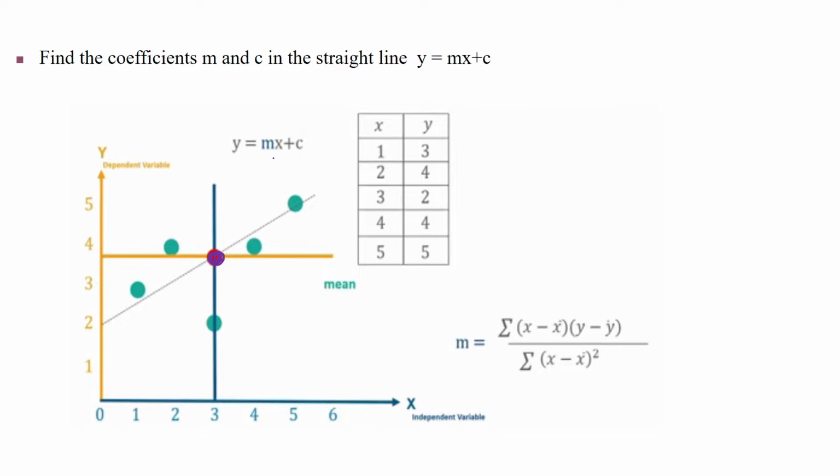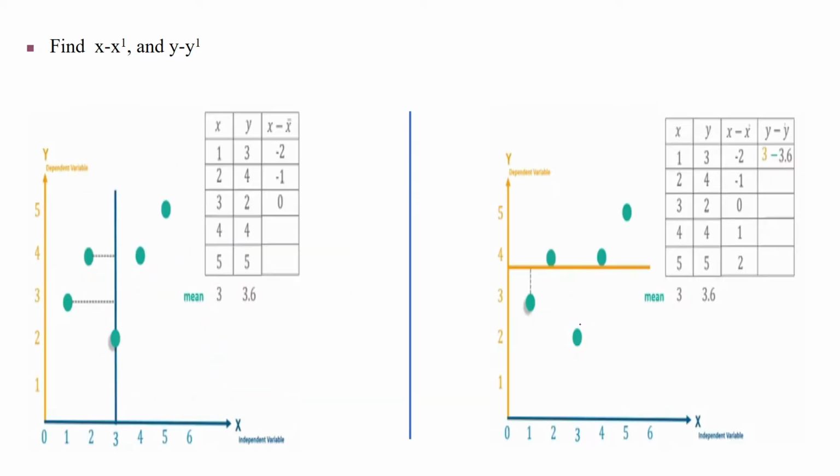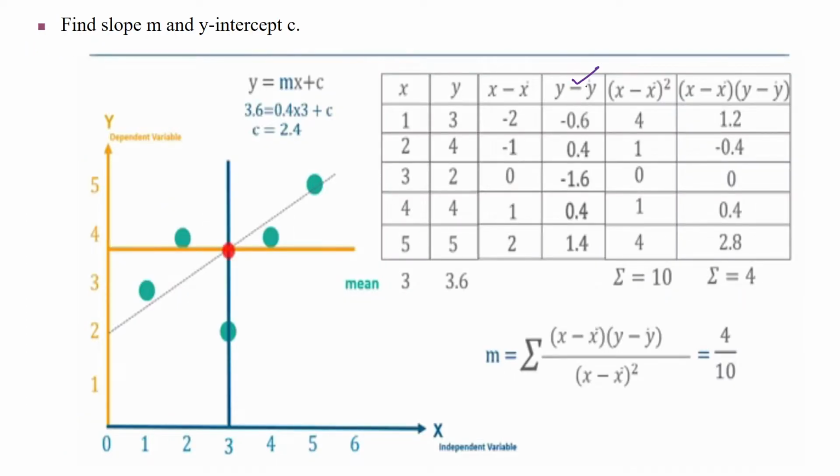Then we have to apply the linear equation for calculating the slope m and the constant c, which is the y intercept. Already we have calculated mean x and mean y, so we calculate x minus mean x and y minus mean y, and these are the values given.